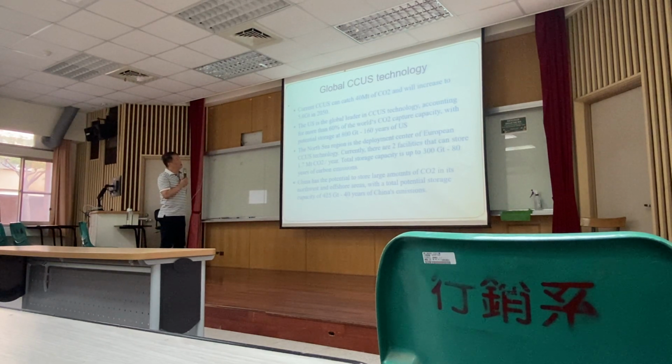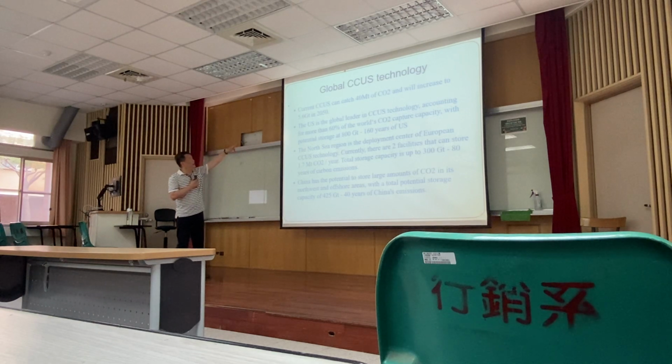And from global perspective, the CCUS right now can only capture 40 million tons of carbon dioxide, and actually contribute at this moment. But some projects are going on, and it's expected to increase to 5.6 gigaton. And what does it mean by 5.6 gigaton?